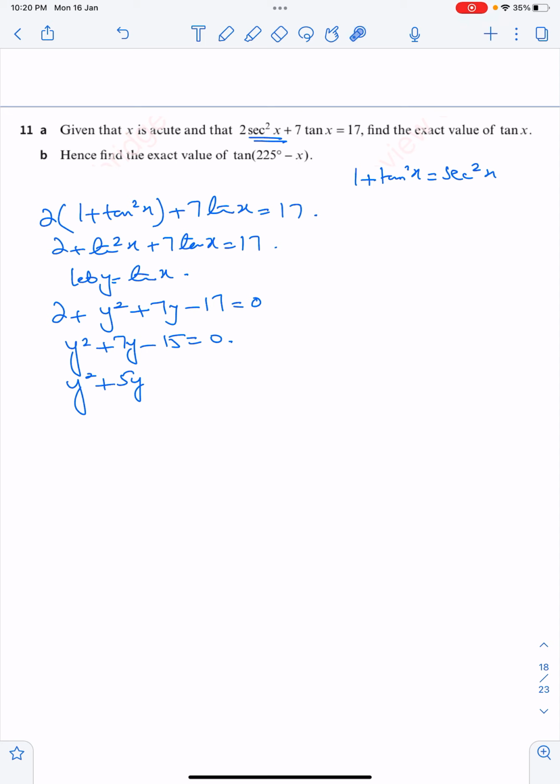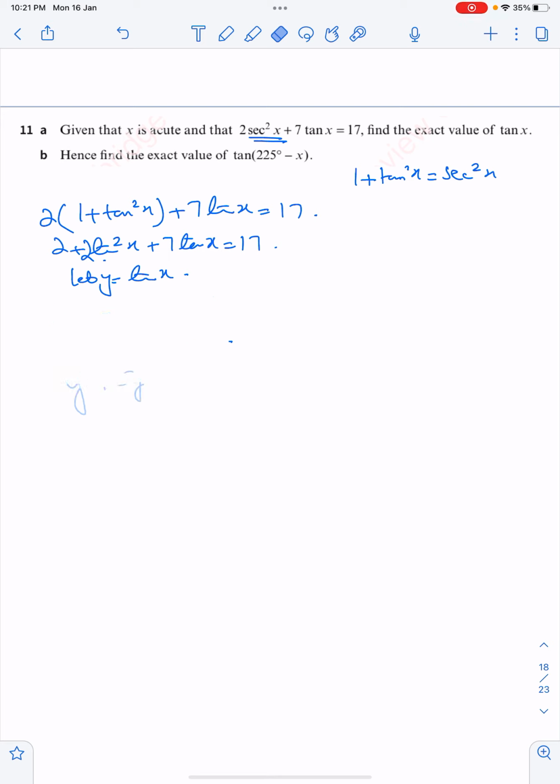Okay, I made a mistake here. It was 2 plus 2 tan square x. Okay, so let's just make that change. This will become 2 plus 2y square plus 7y minus 17 equals 0. So 2y square plus 7y minus 15 equals 0.